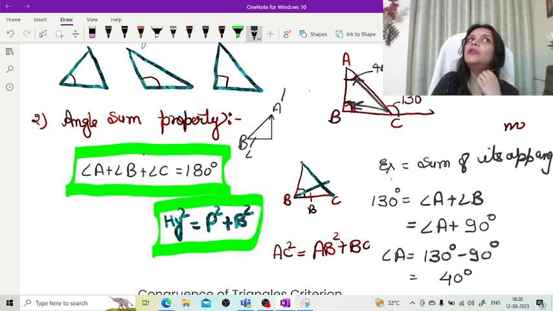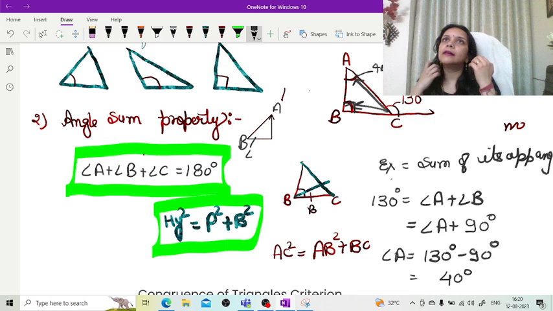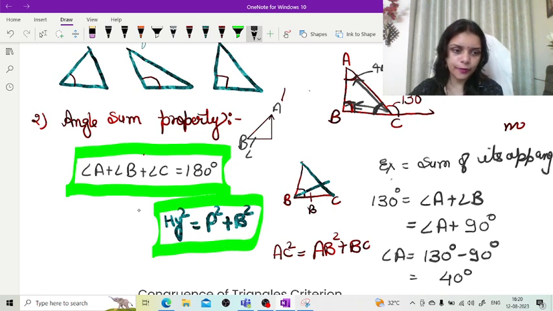Now if we want to know the angle, see, angle A is 40 degree, angle B is 90 degree. Now we want to know this angle. How can we find out this angle? There are two methods to find out. The first, we can use angle sum property.